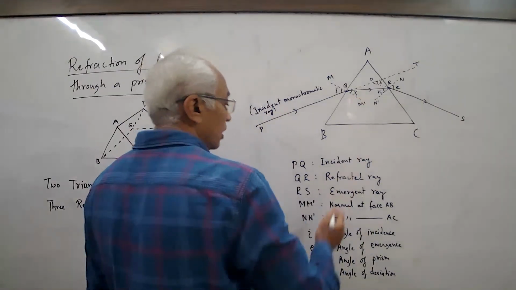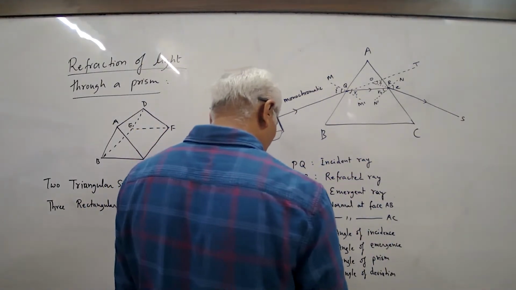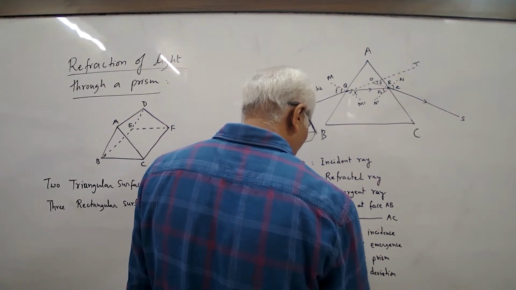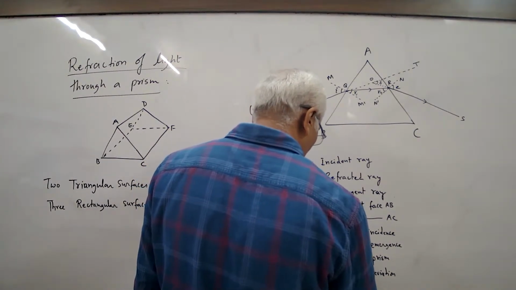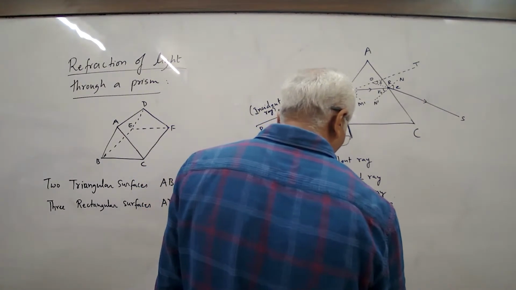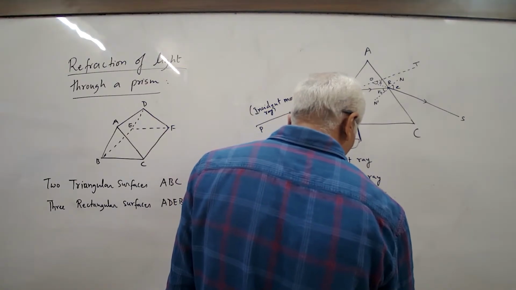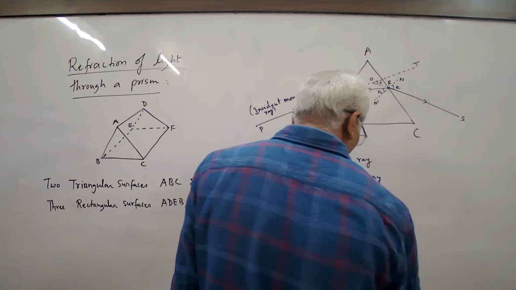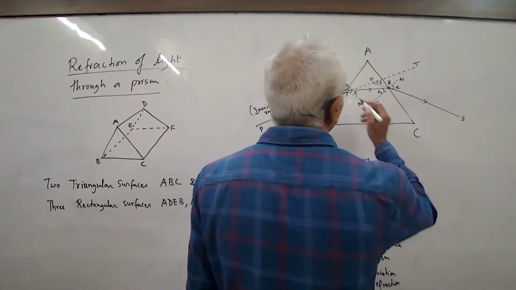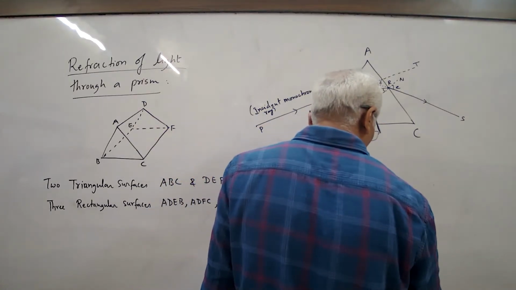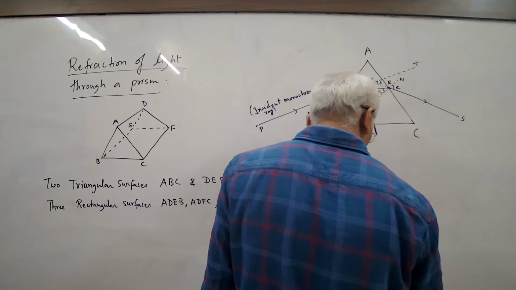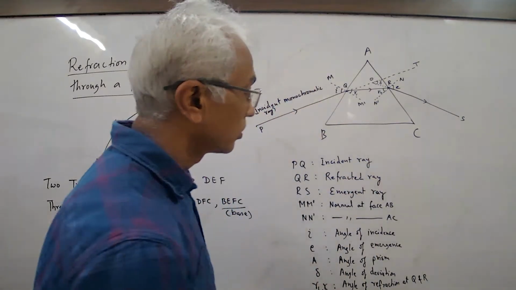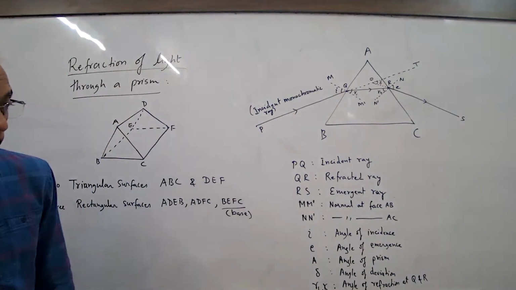R1 and R2 are angles of refraction at Q and R. Q and R are points of incidence.